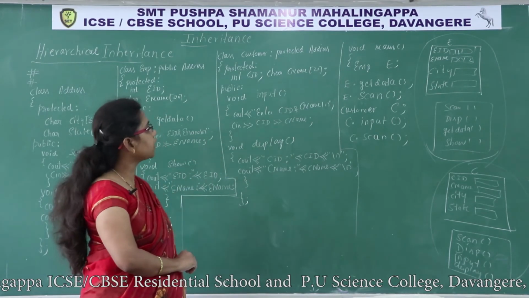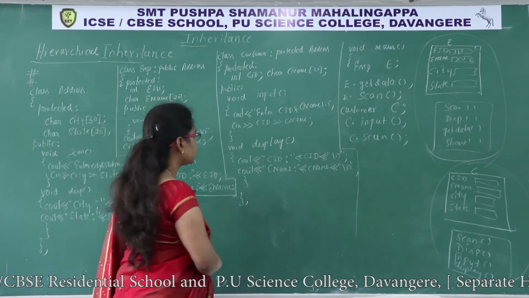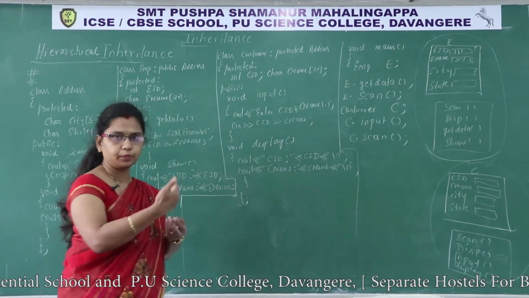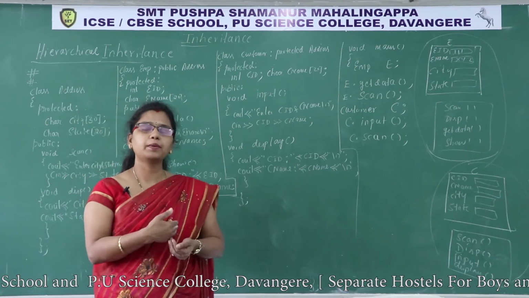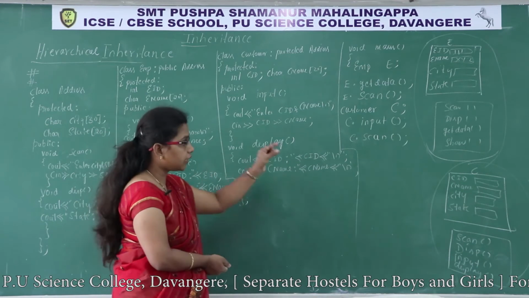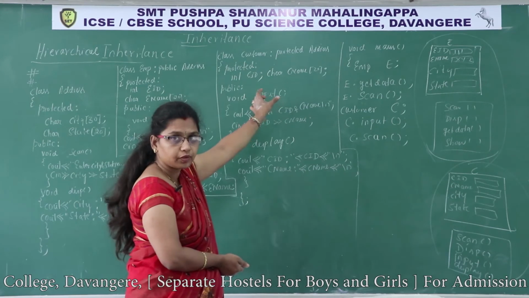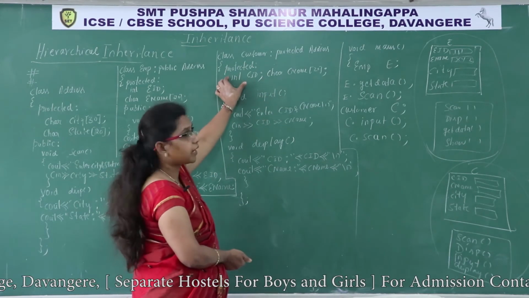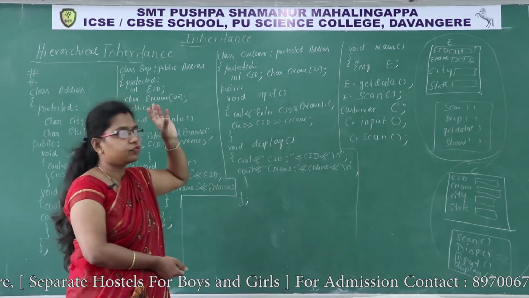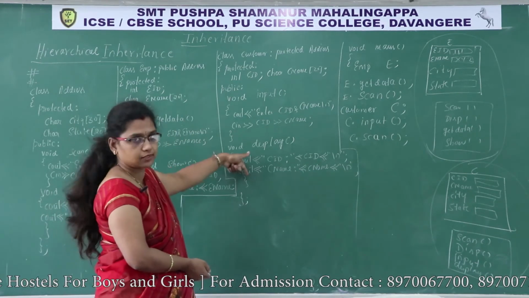Then how to call the scan function? How to read the customer address? You know, protected members are accessed through the member functions and friend functions of the class. Here scan belongs to the protected section of the derived class customer. So we have to call it from a member function of this class.